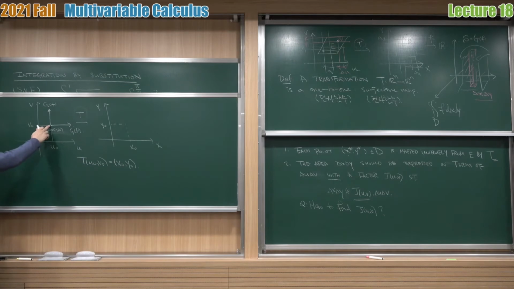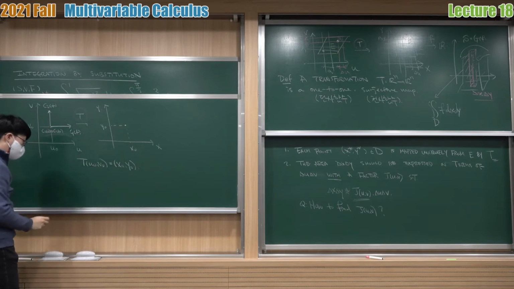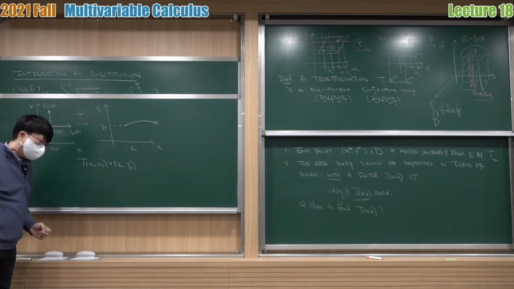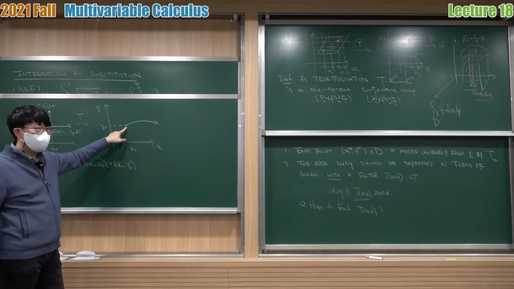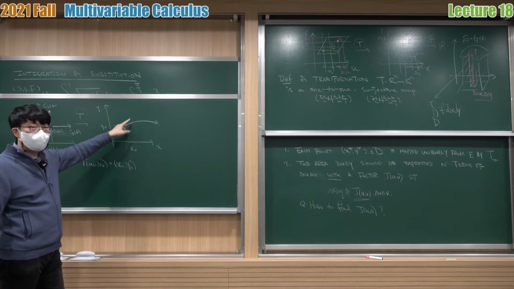If I follow a C1 path, it starts from x0, y0 and moves along some curve. Although I'm moving in a straight line, the image in general should not be a straight line. It can be any curve.